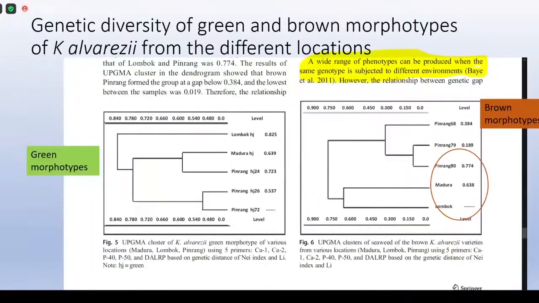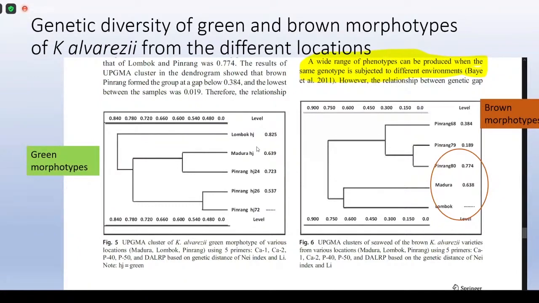And for this one, this is the green morphotype with UPGMA cluster for green with different site locations. This is the same group with the same morphotype, but different locations.